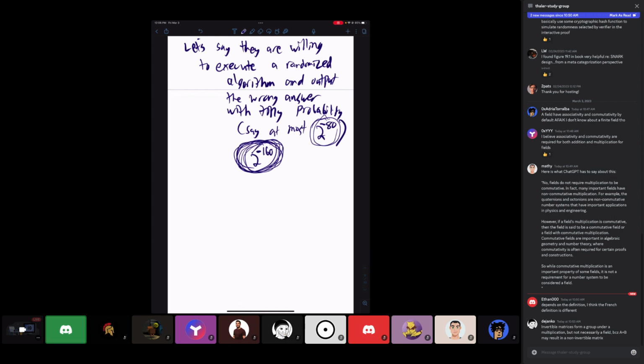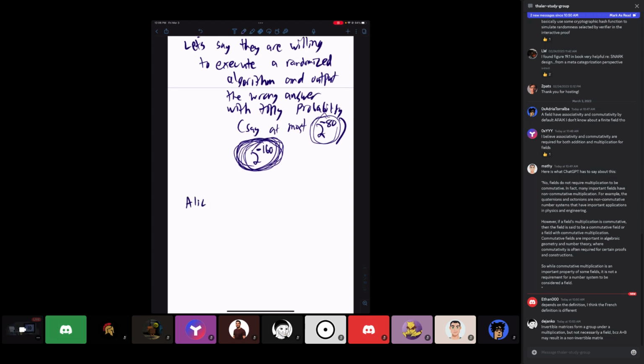Okay, so here is how they're going to do it. Maybe I should mention what they will be able to do. They'll be able to reduce the communication, if they're willing to have this really, really tiny probability of outputting the wrong answer, from n field elements all the way down to 2.